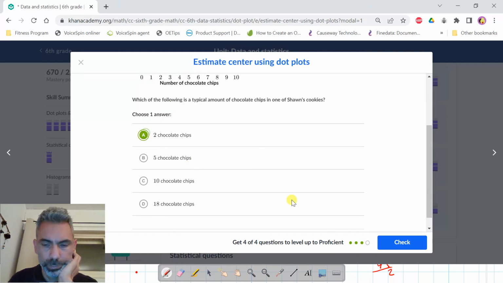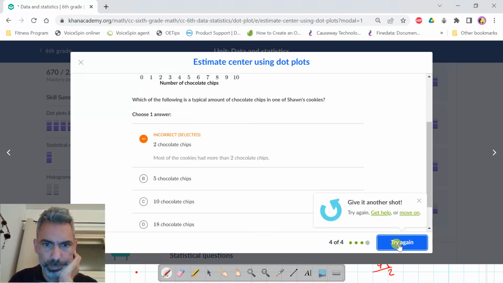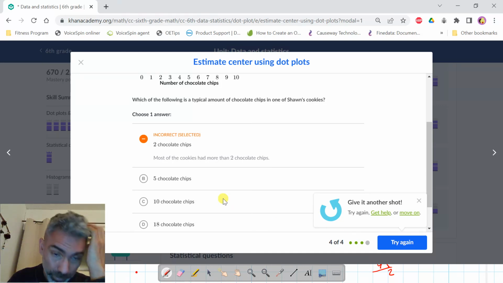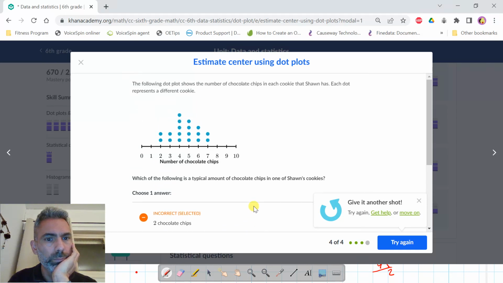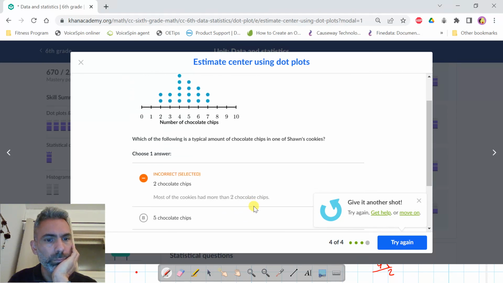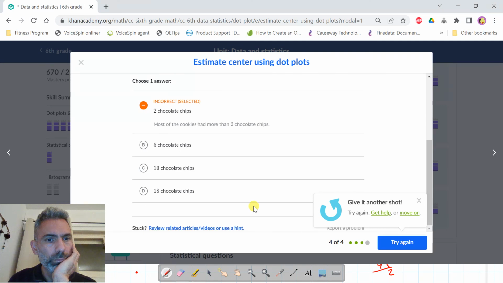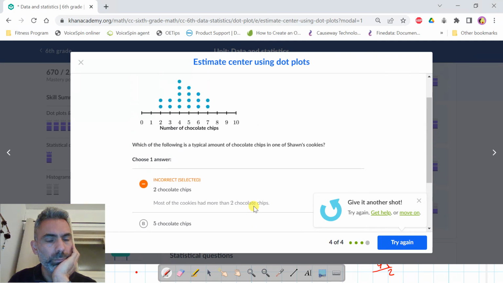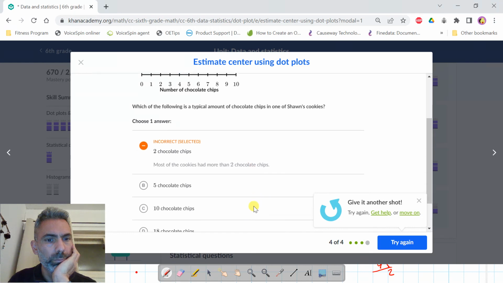Let's go with 2. Most of the cookies. Okay. So 5.